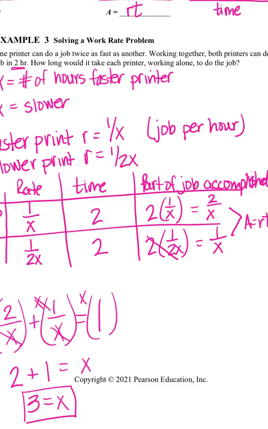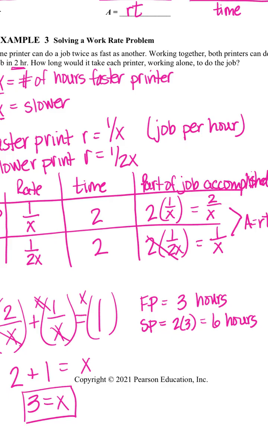So it's going to take 3 hours to do the job, and the slower printer would have to be 2 times 3, so it would take him 6 hours. So the faster printer is 3 hours. The slower printer is 2 times 3, so that would be 6 hours.